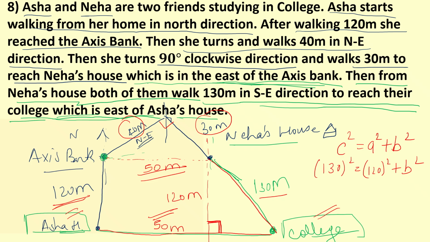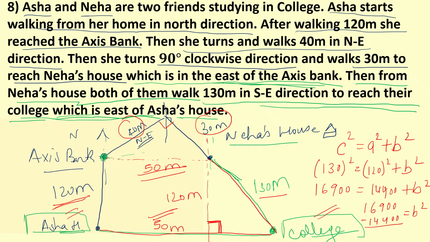So 130 square will be 16900 is equal to 14400, sorry, plus B square. So this will be 16900 minus 14400, that is B square. So how much are you getting?